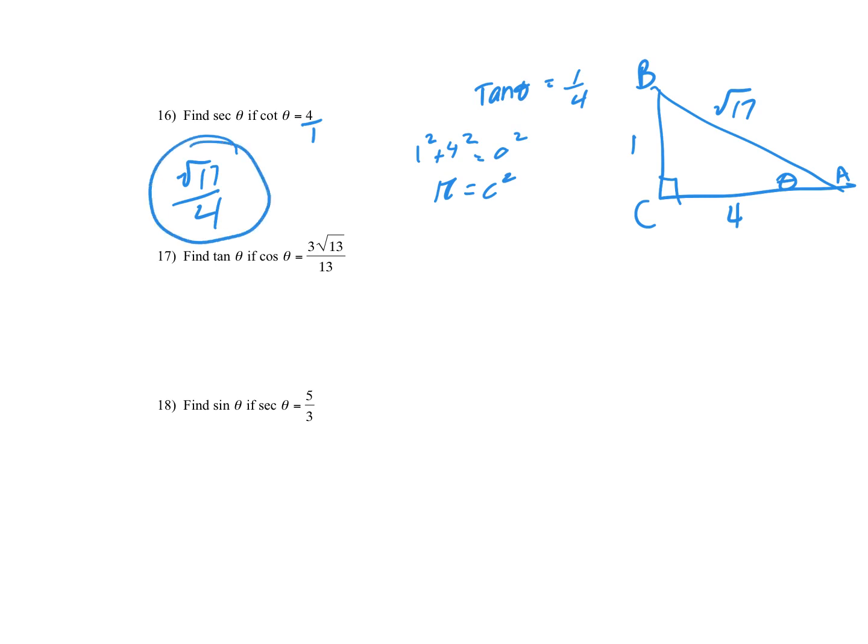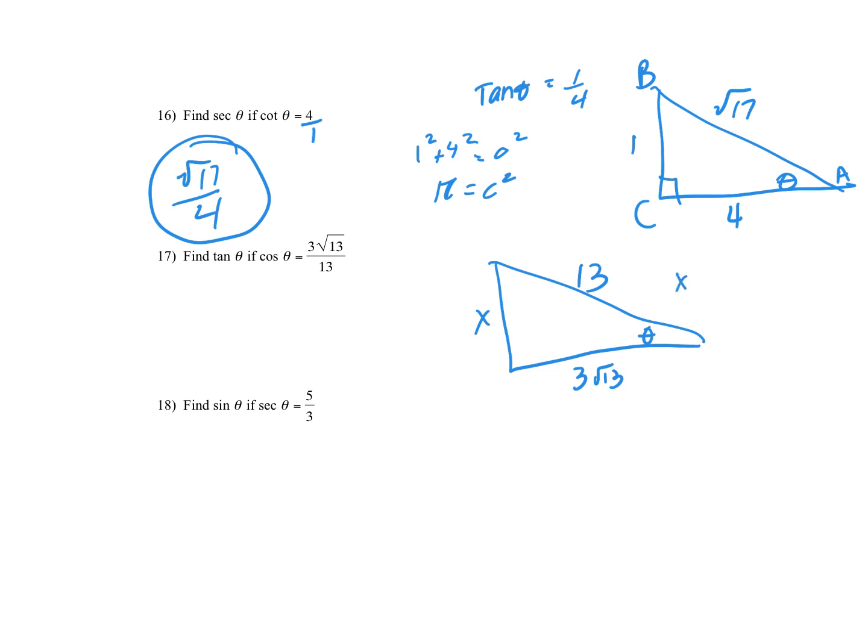If cosine of theta is 3 root 13 over 13, that means that cosine is adjacent 3 root 13 over 13. And they want the tangent, so they're going to need this side right here.